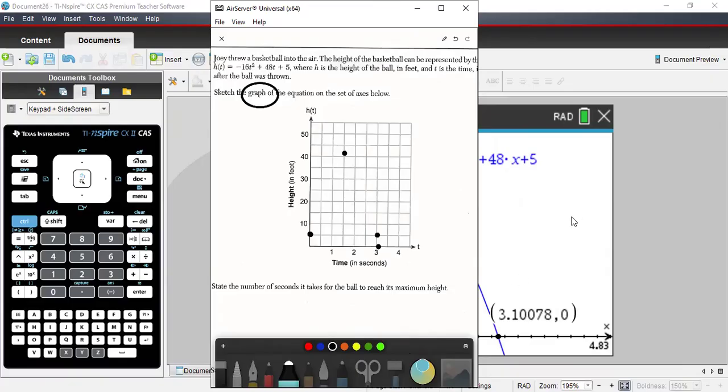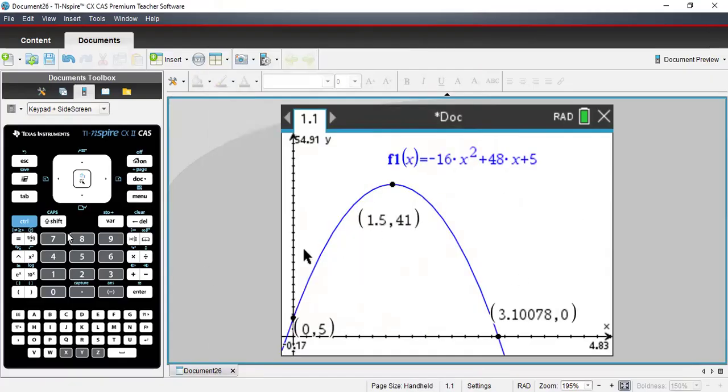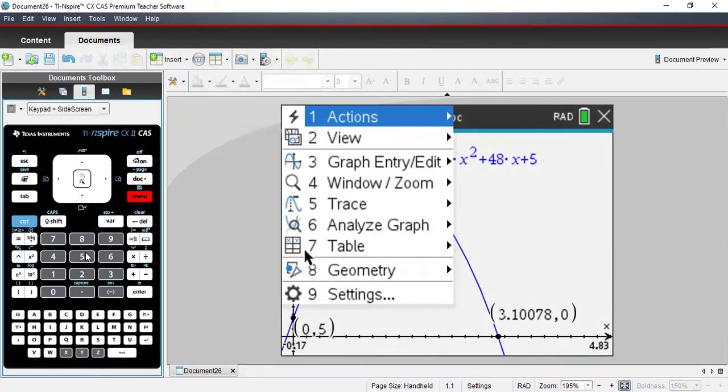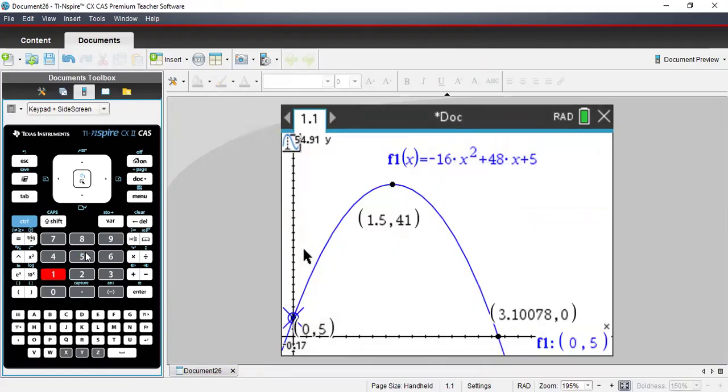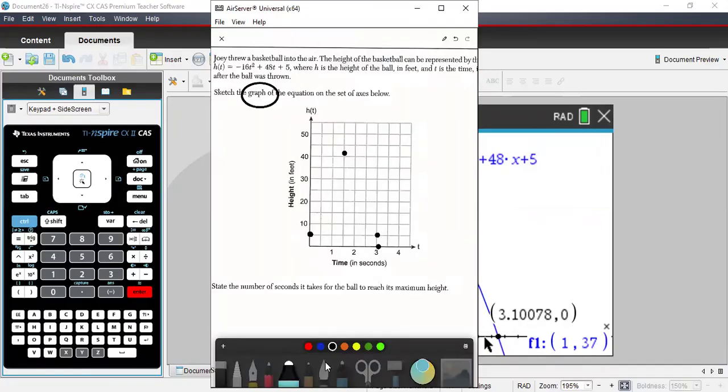Now, if you wanted to, you could try to find another point. Let's see, I'm going to do menu 51, and then I'm going to type in 1. It says 37. So we can try that. So let's go here, and 37 would be about here. Now, we can use symmetry.